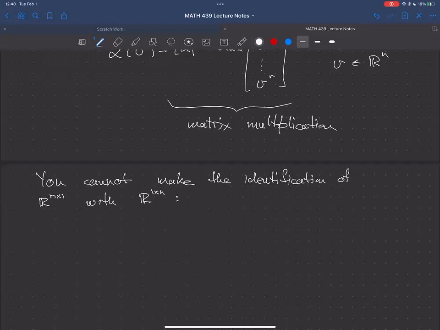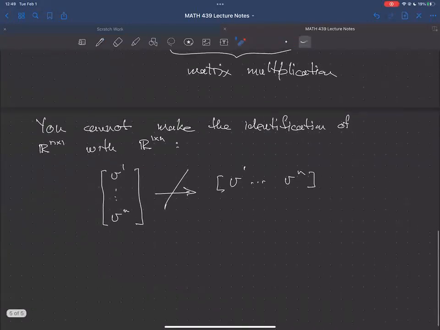If you take a vector in Rn by 1, which is going to be a column vector, this is not an operation that you should be thinking about doing. I mean, you can certainly write it down, I just did, but it has no meaning.